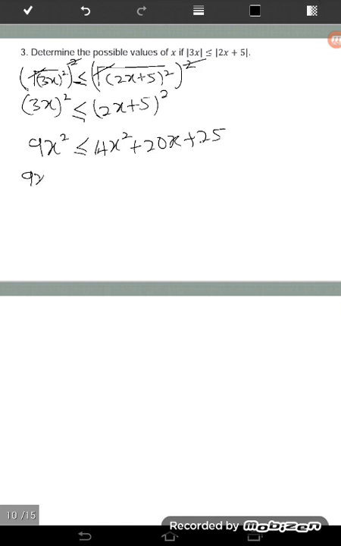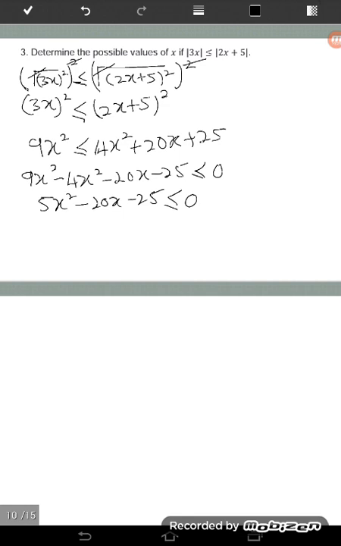Tak habis lagi pindah. So minus 20x minus 25, less than or equal to 0. So you will have 9 minus 4, 5x squared minus 20x minus 25 less than or equal to 0.